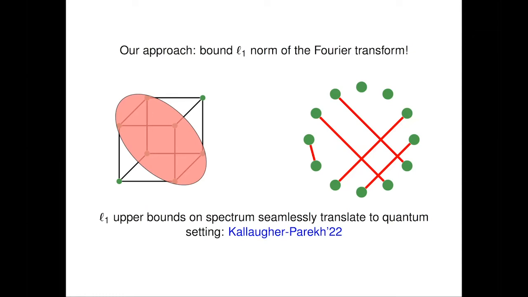One very interesting thing to note is that a recent work of Gallagher and Parekh, appearing in FOCS 22, shows that these L1 upper bounds on the Fourier spectrum effectively seamlessly translate to the quantum setting. So they prove lower bounds for approximating max cut for quantum computers, essentially extending our results, showing that no non-trivial approximation to max cut with sublinear in the number of vertices space can be achieved even with a quantum computer.